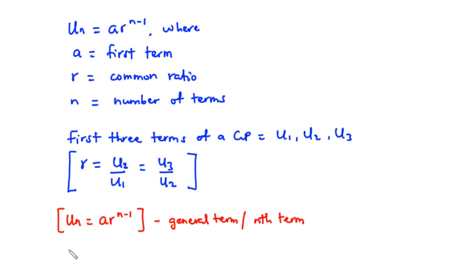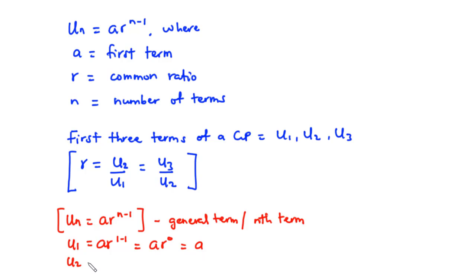Using this same formula, we have u1 equals, now we are going to substitute 1 in place of n in this formula. So that is a times r exponent 1 minus 1, and this is the same as a times r exponent 0. Now any non-zero number raised to the power 0 is 1. Therefore 1 times a is still a.